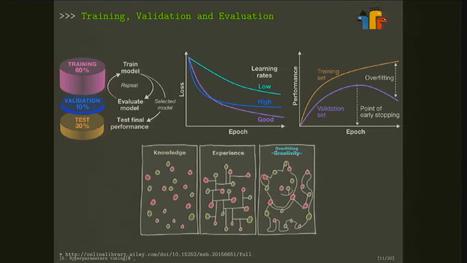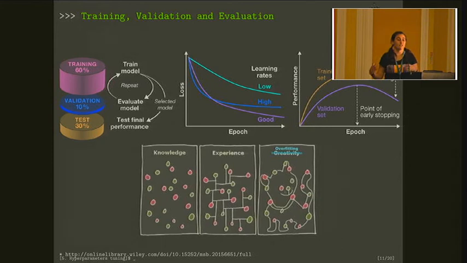You want most of your data going to training, but you want a little bit for validation, to do hyperparameter tuning, and you want, like in this example, 30% of your data to go to testing. This is really important. The network during training should never see the test elements, because you want to see if the network really learned something or it was just memorizing all the elements in the training set.